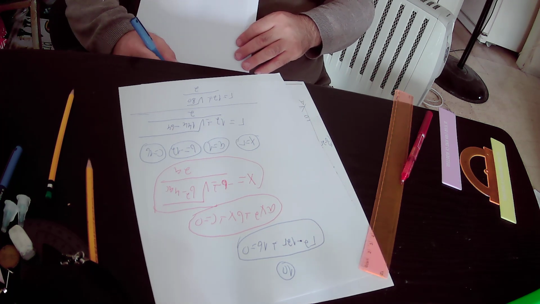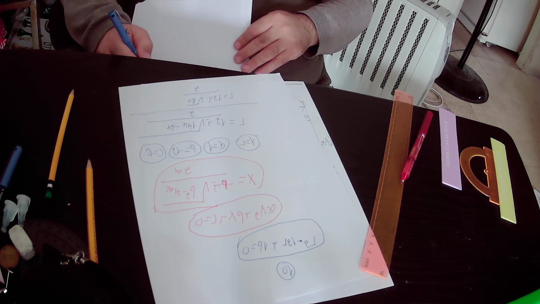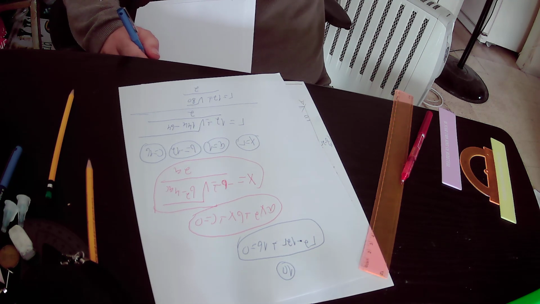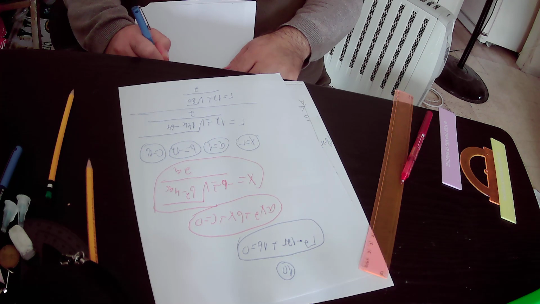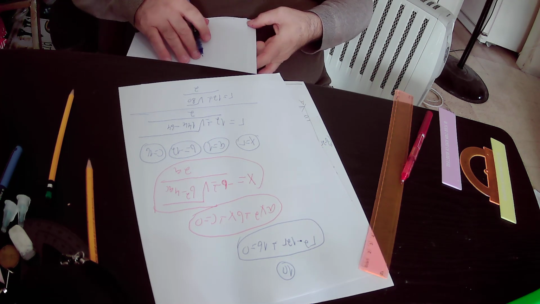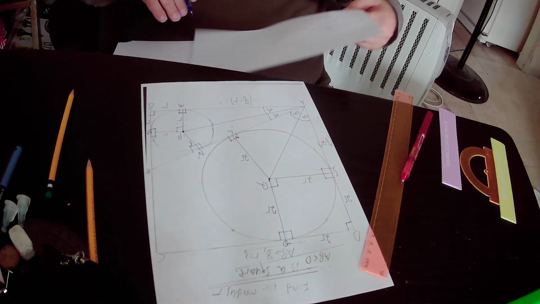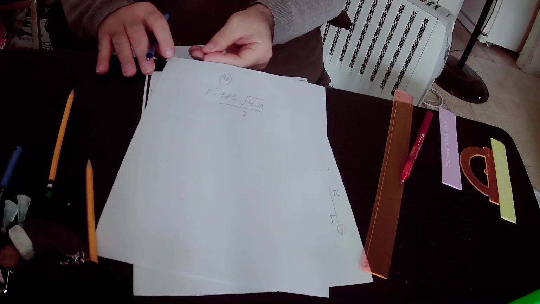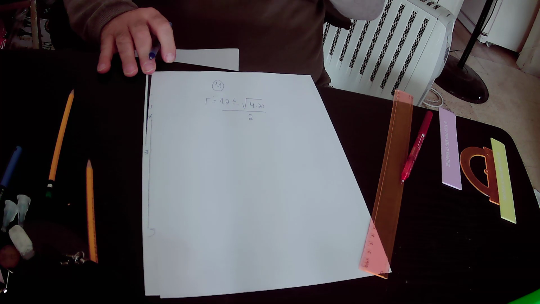And r equals to 12 plus minus, we know that 80 is 4 times 20. 80 equals to 4 times 20, so we write it down over 2. Okay, so we got that r equals to 12 plus minus root of 4 times 20, that is actually 80.